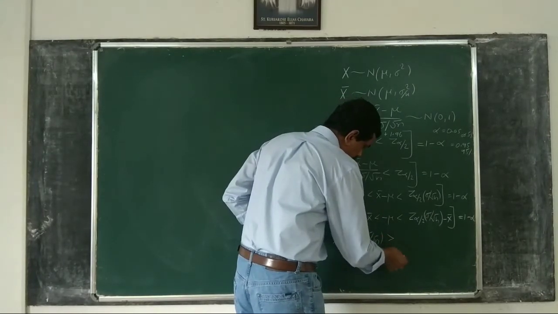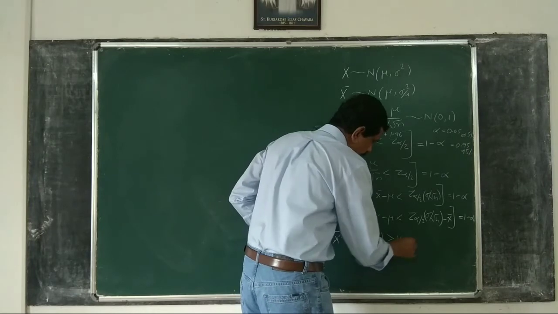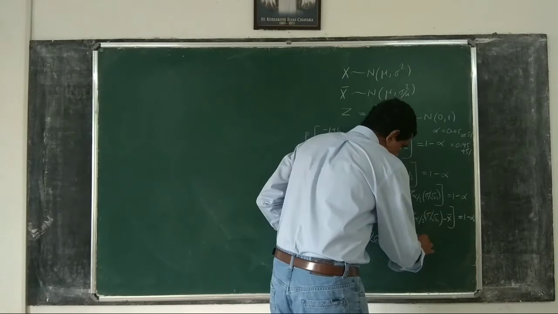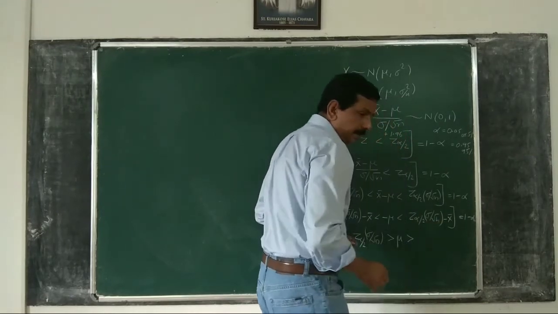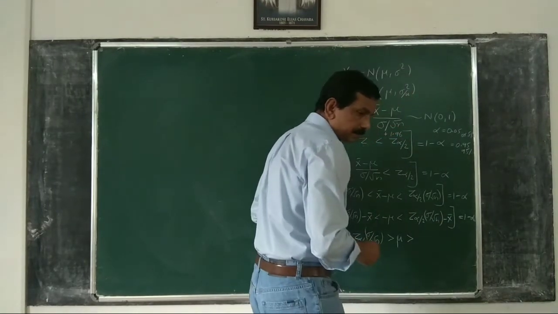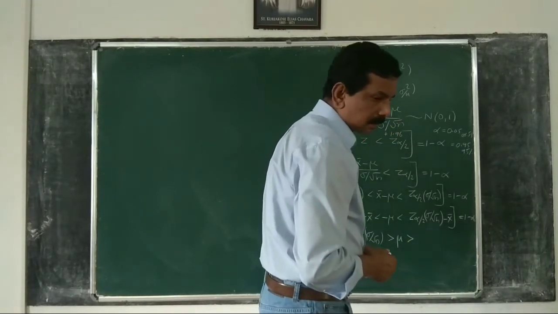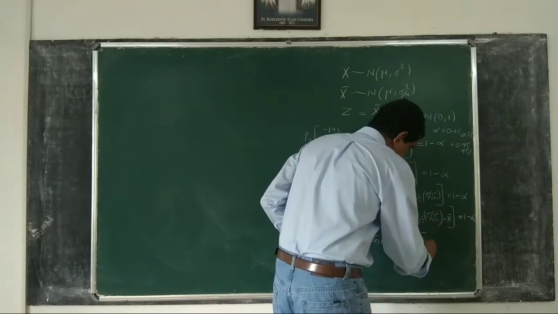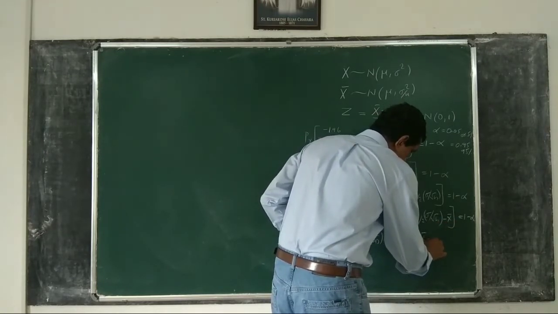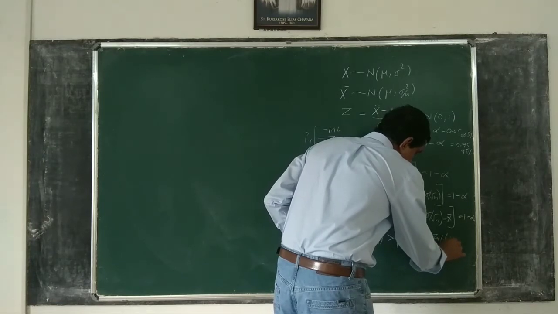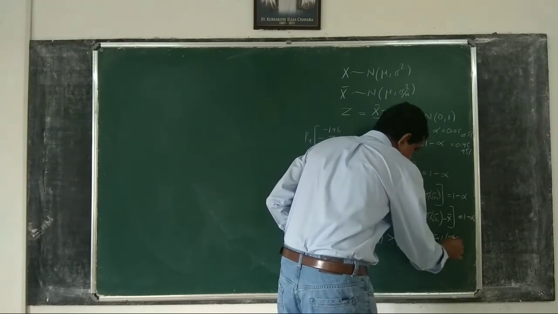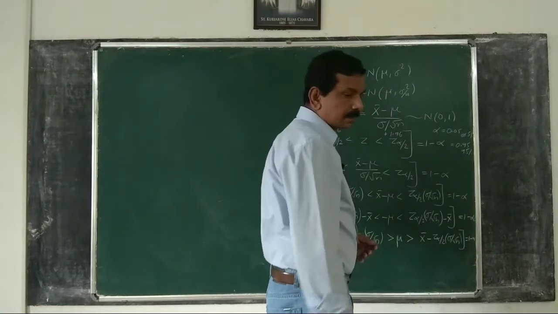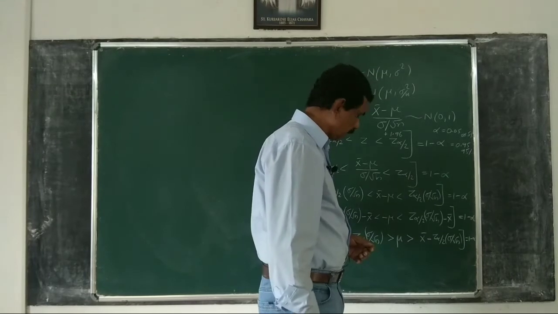Greater than mu, greater than x bar minus z alpha by 2 sigma by root n, equal to 1 minus alpha.